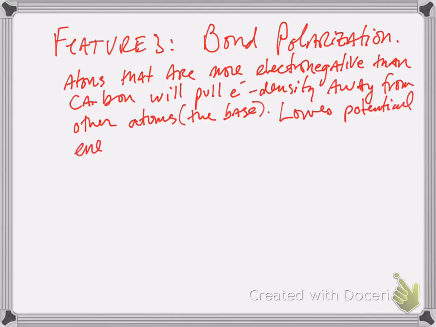This is going to lower the potential energy of the base. It always lowers the potential energy of the base, so it's going to affect the products in acid behavior and the reactant in basic behavior.